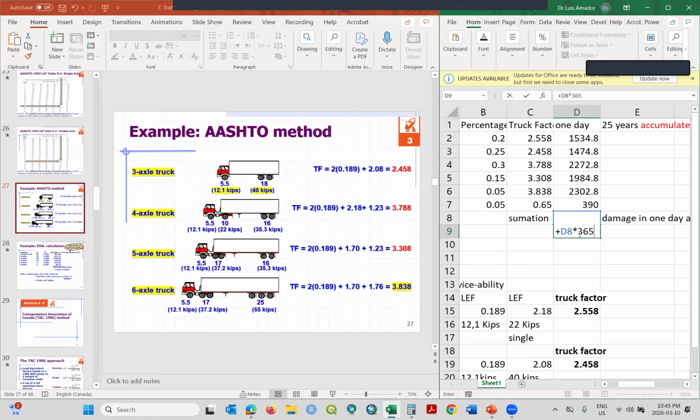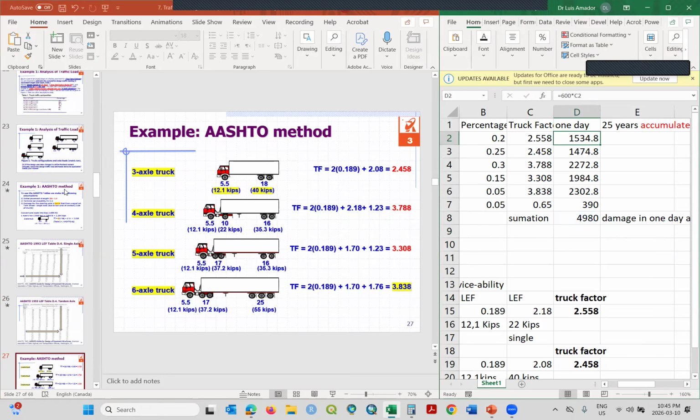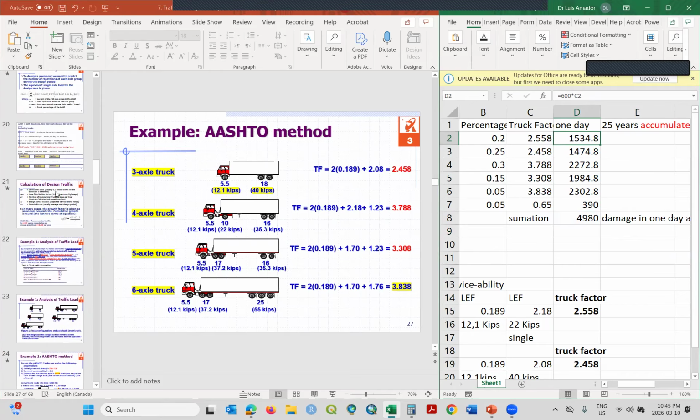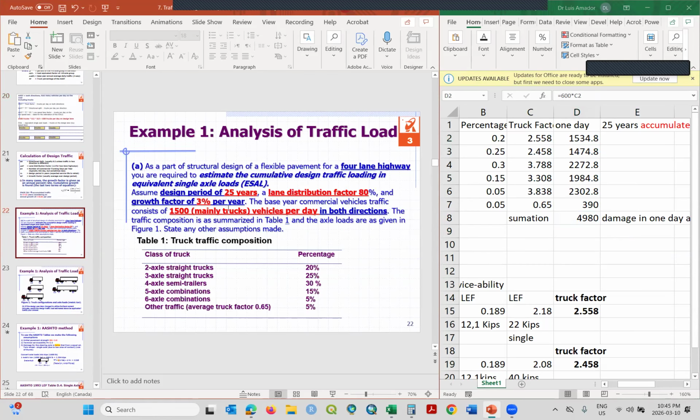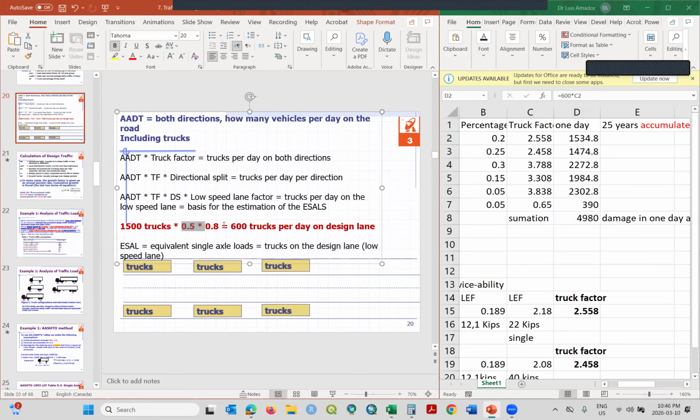If I multiply by 365 and by 0.5 and by 0.8, sorry, I already have, just a second. I did by 600 and my 600 were already here, right? And they gave me 1,500 trucks per day in both directions. So I did by 0.5, by 0.8, that's 600 trucks on the design lane. So it's 600 trucks.